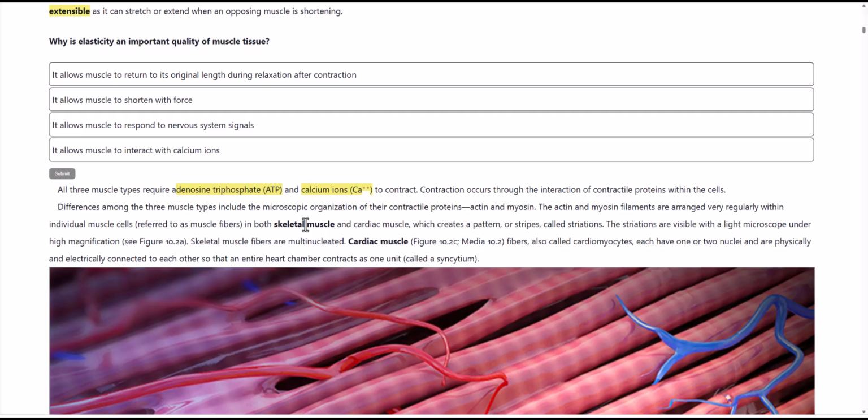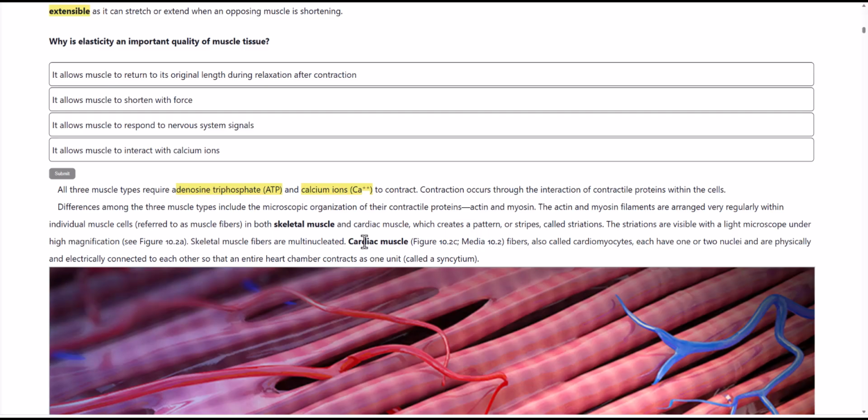You have voluntary control over them. Whereas cardiac muscle and smooth muscle is involuntary. These are muscle types that work 24/7. You can go to sleep. You do not have to consciously or voluntarily control those muscles. So we refer to them as involuntary.